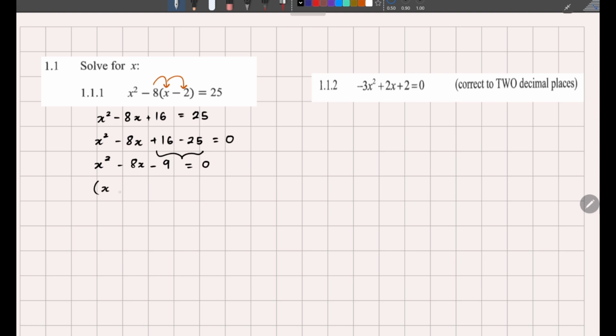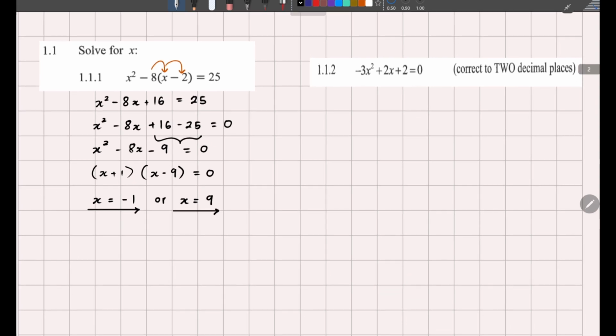And we can see that this would become x plus 1, and the next one would be x minus 9. That's equal to 0. So therefore we have x is equal to minus 1 or x is equal to 9. Quite simple. I hope you guys understood that one. Let's look at the next question.